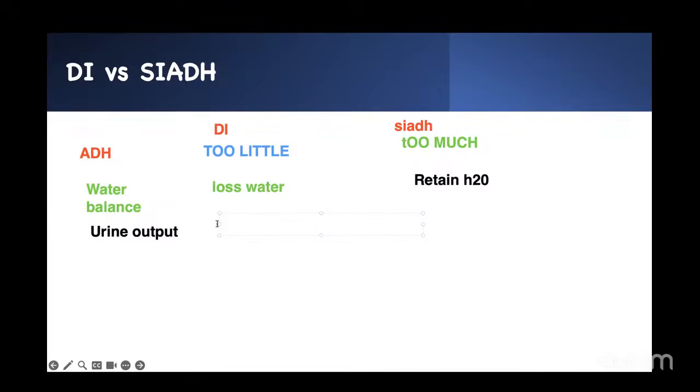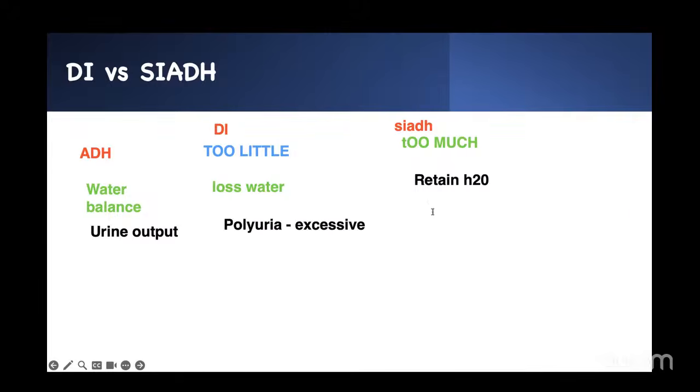Therefore, if you don't have the ADH, what is going to happen to your urine? Are you going to have a lot of urine or less urine? They don't have ADH. Therefore, their urine output is a lot. So polyuria. This is the way I want you to think about it. We have excessive urine.